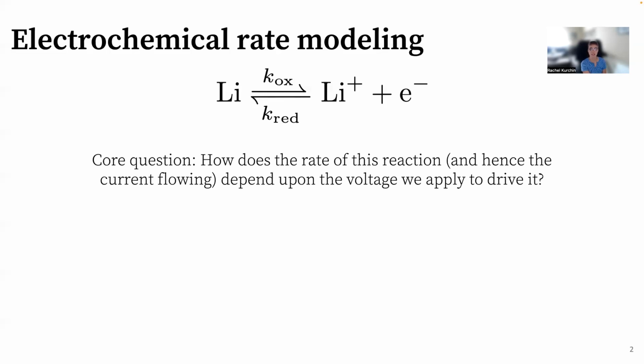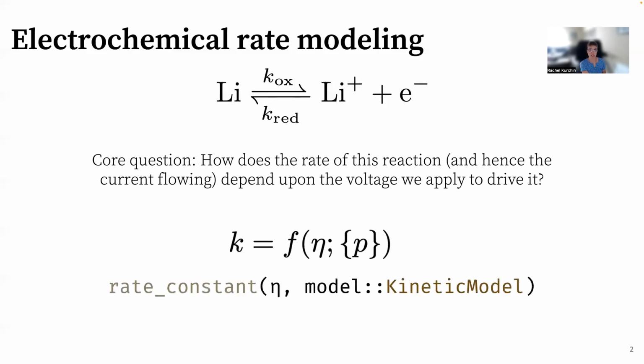And so you might want to understand here, for example, if you want to charge your electric car very quickly, how much potential can we apply to drive the reaction at a given rate, or vice versa. If we apply some potential, how fast will the battery charge? How much current will flow? And so in general, we'd express this as some reaction rate constant or an associated current as a function of that overpotential, which we often denote as eta, and some set of parameters that we're using to model this process.